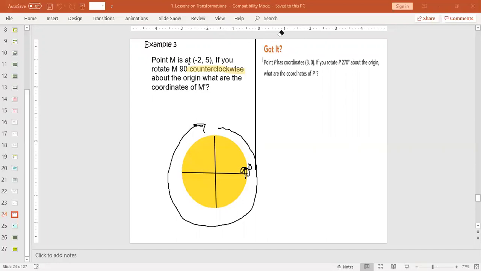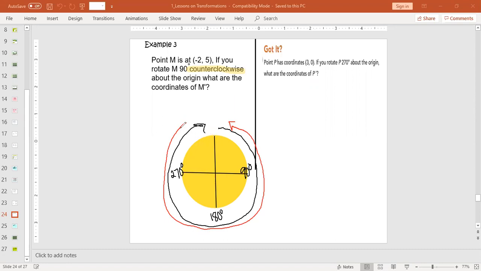There we go. All right, we have a 90-degree rotation, we have 180 degrees, and we have 270 degrees if we're going clockwise. Going counterclockwise just means we're going the opposite way. We're going this way. So here's the cool thing. If you know clockwise, you know counterclockwise.